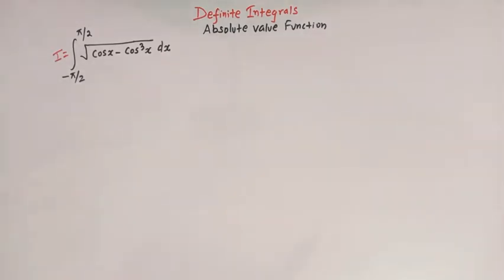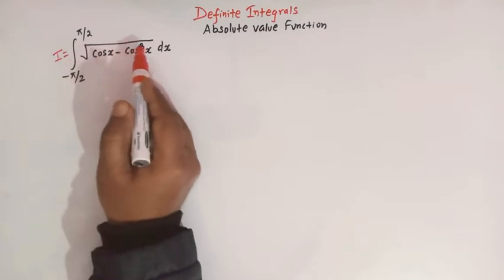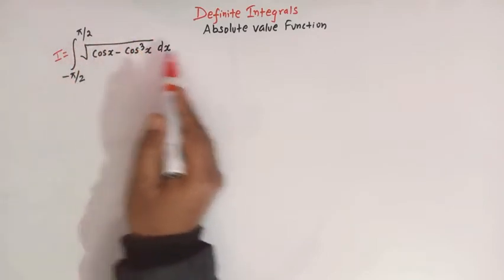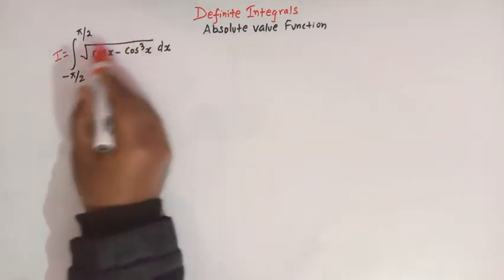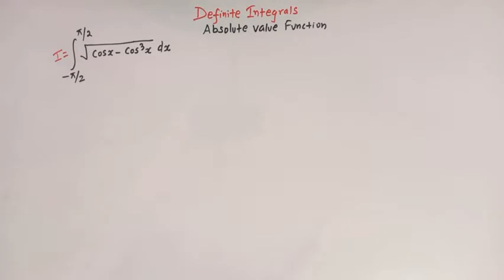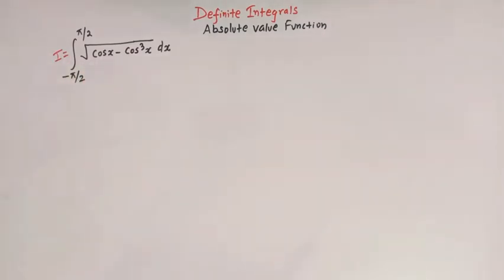This is a very interesting problem where the integrand initially doesn't involve an absolute value function, but in the later stage we'll convert it, and we have to apply the concept of absolute value function to evaluate this integral.